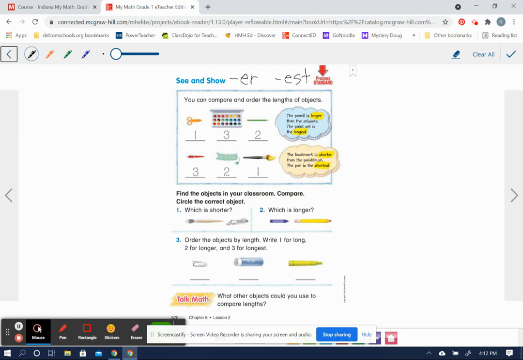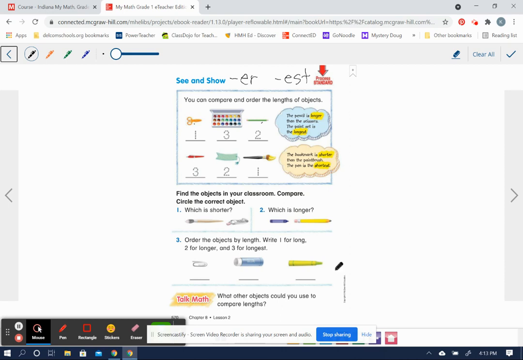So if we're only comparing the pencil and the scissors, just those two items, the pencil is longer than the scissors. And if we compare the paint set with the pencil and the scissors, if we're comparing all of them, we say that the paint set is the longest.